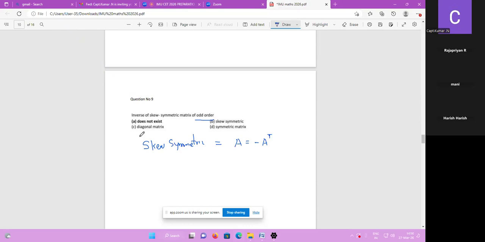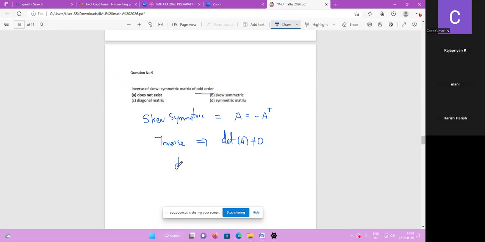Now, inverse means the determinant should be not equal to 0. The order may be 3, 4, whatever. One more thing is that the determinant of A is always equal to the determinant of A transpose. This is also an important point.